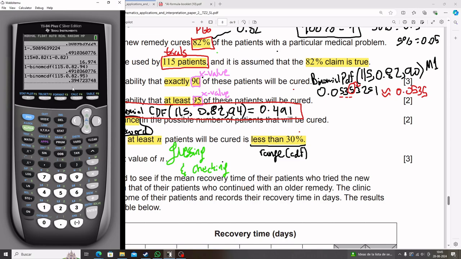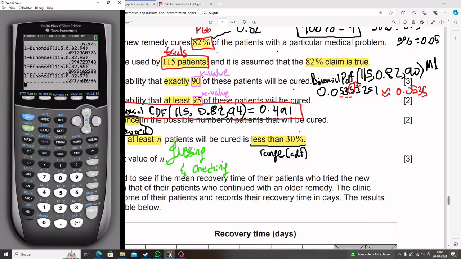So this is decreasing, and eventually it's going to be less than 30. And this is what I mean by guessing and checking. You keep going, you change this 95 to 96, and because it reads from left to right, that means we're talking about at least 97. That's almost less than 30. Almost less than 30. So if we go one more time and change this to 97, again, this reads from left to right, so this is actually giving you at least 98.